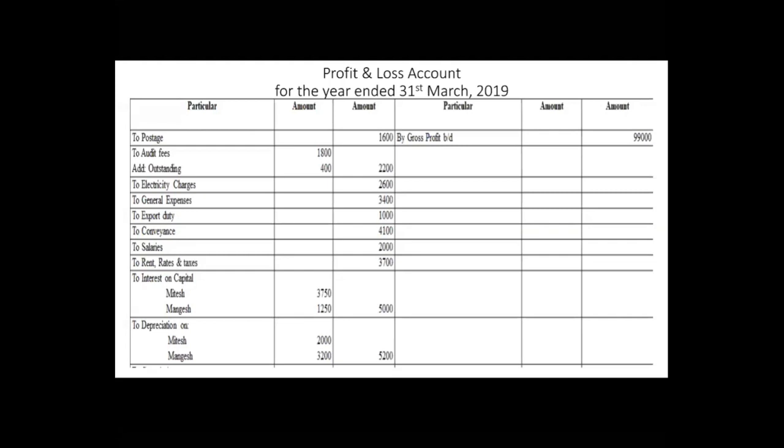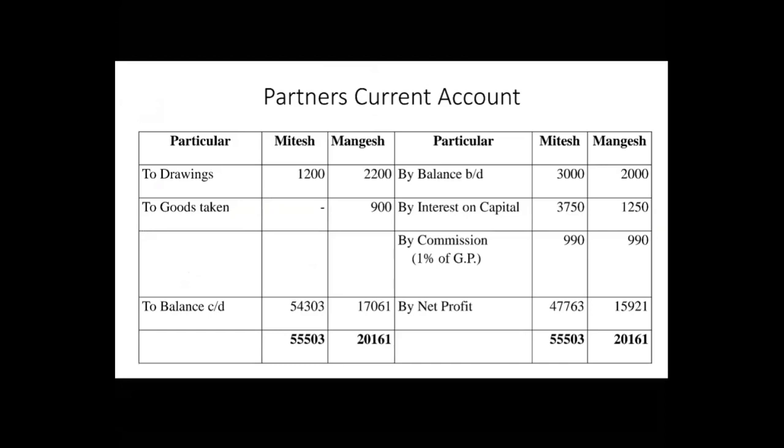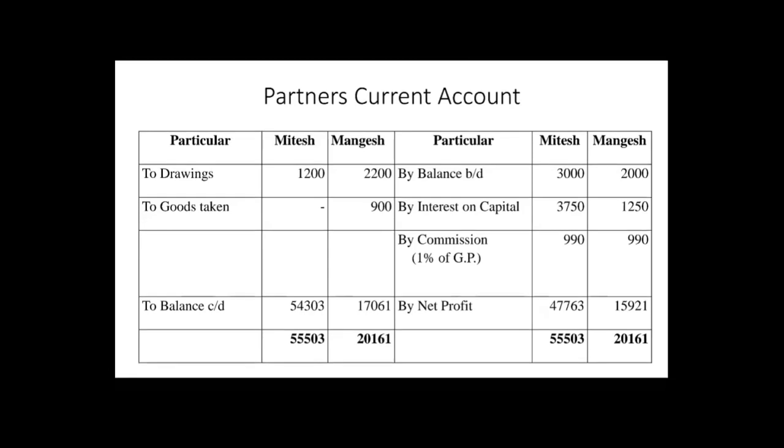Okay. Now where will this drawing be recorded? For this drawing, the account which we have prepared is partner's current account. And why have I written over here partner's current account? Because the company has adopted the fixed capital method and you have already been given current account information in the trial balance. So whenever you see such a problem, what you have to do is write the name partners current in place of partners capital.